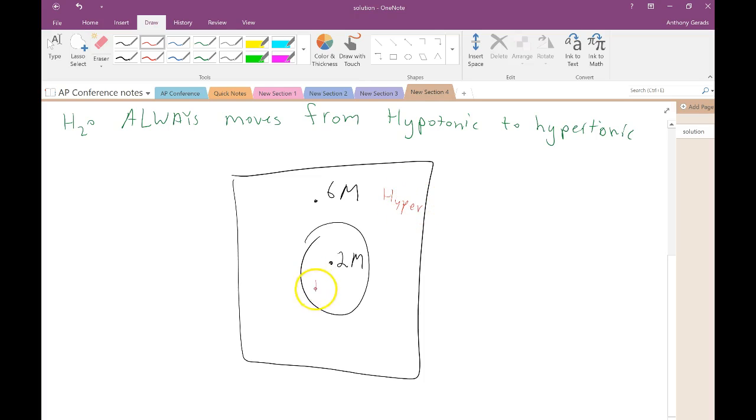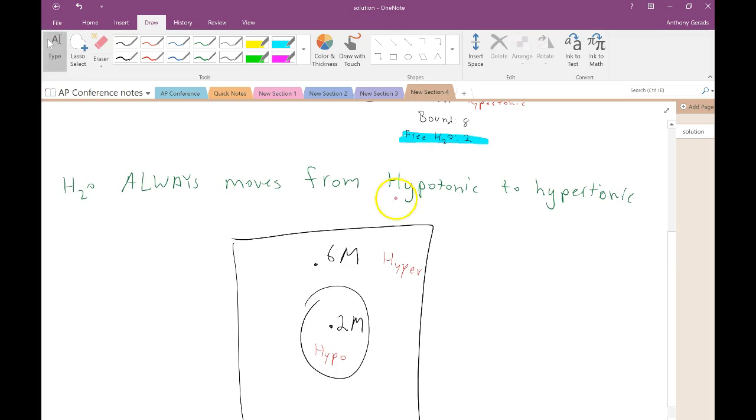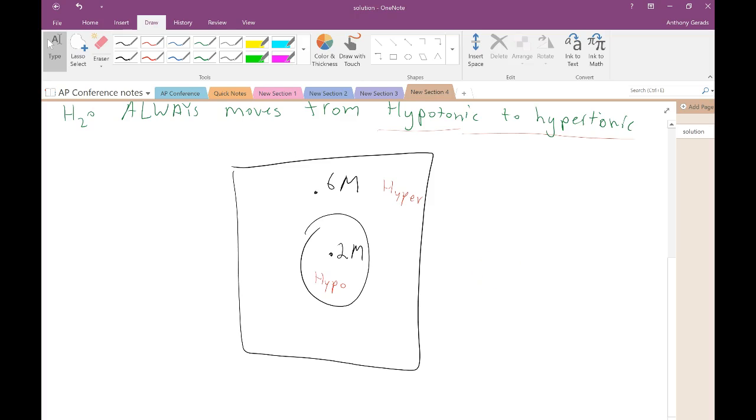Inside would be hypotonic. And we said water always moves from what to what? Water always moves from hypo to hyper. So would water move into the cell or out of the cell? So in this one, this is hypo, outside hyper, so it's going to move out.